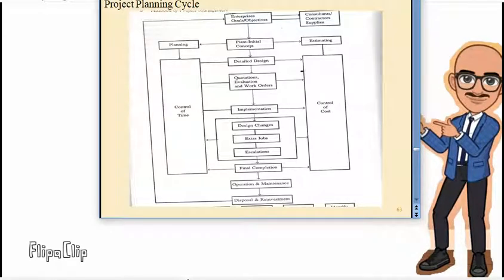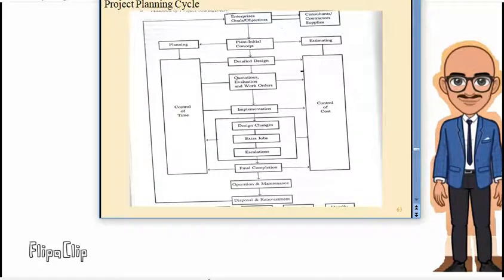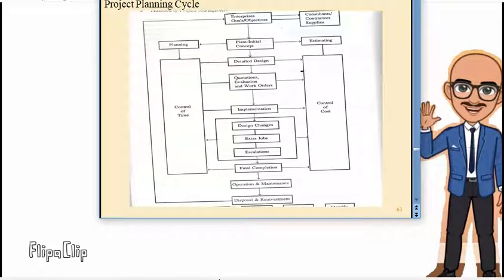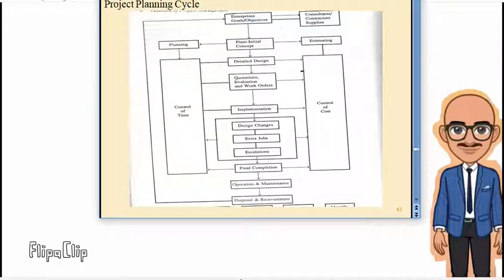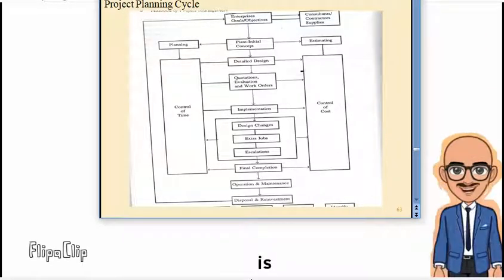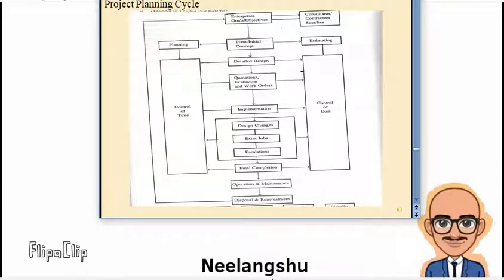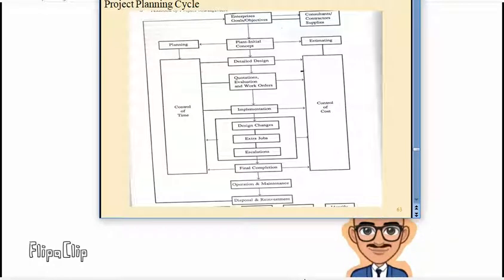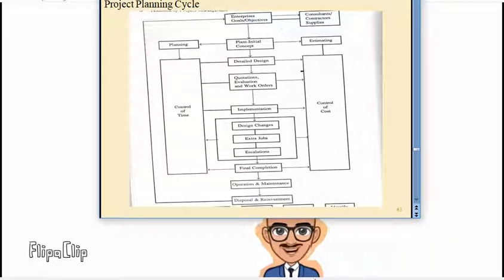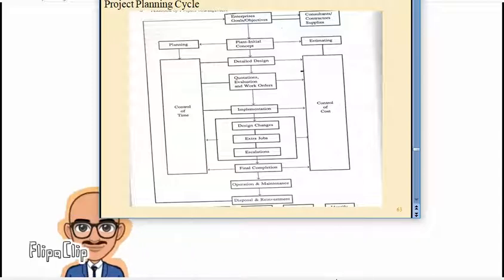So cost and time are two faces of the same coin. If you can control the time, you can control the cost, and in each and every step you refer back and check whether whatever was planned is being implemented. During the implementation, you refer back to what was planned and whether you were following the plan, so that you can maintain the cost.